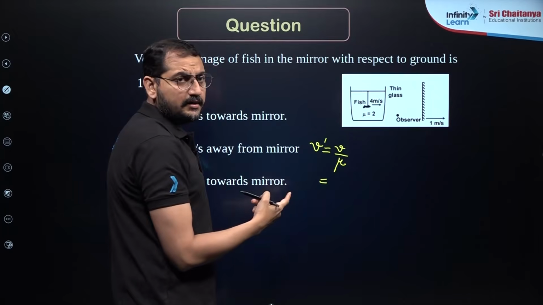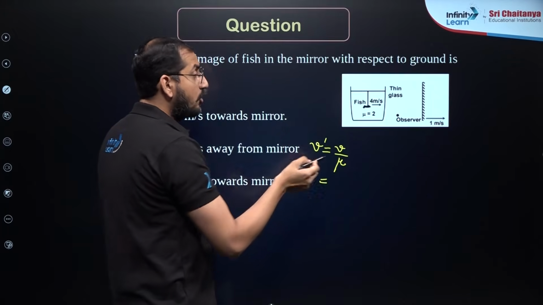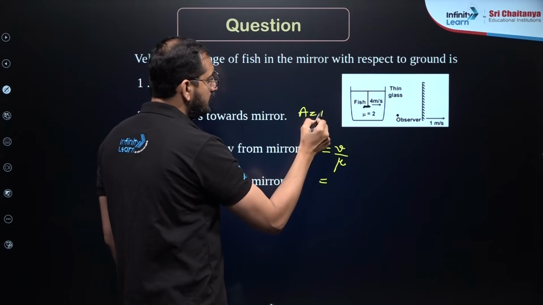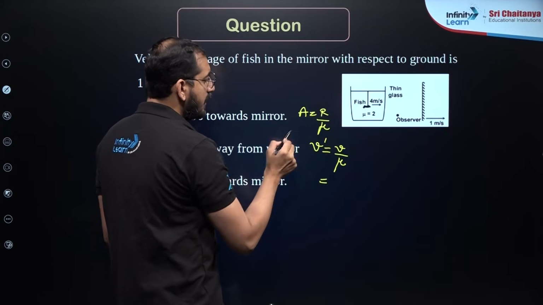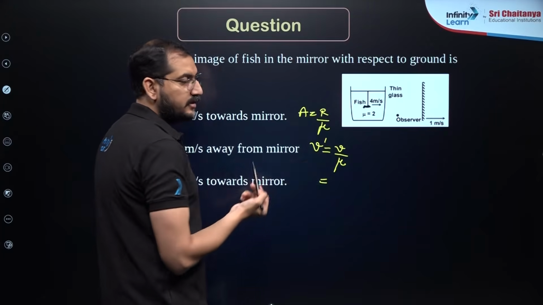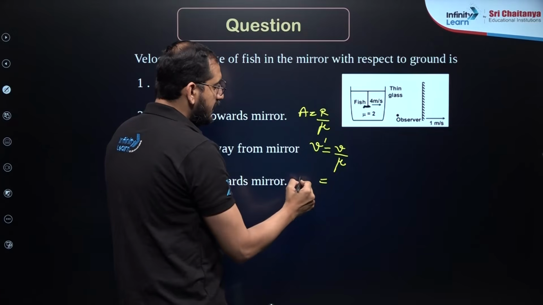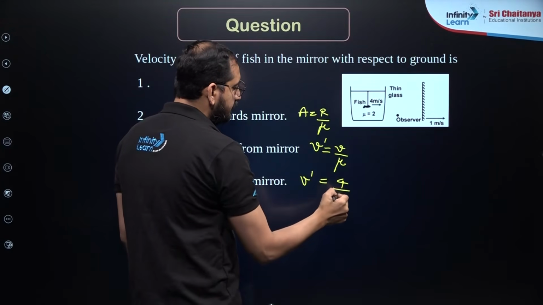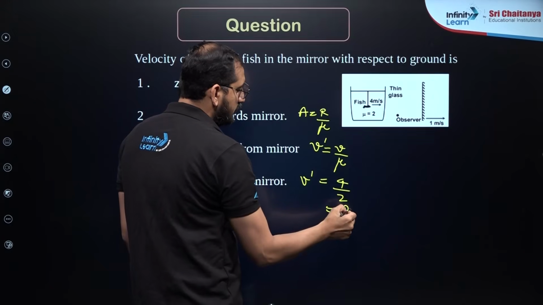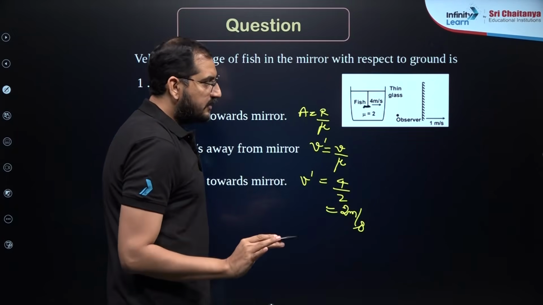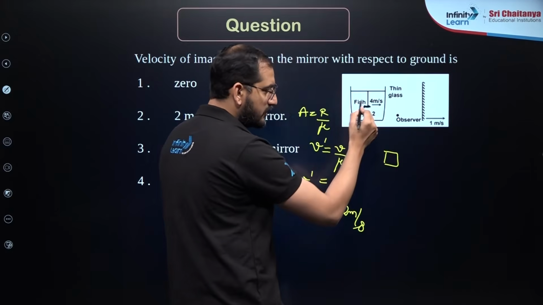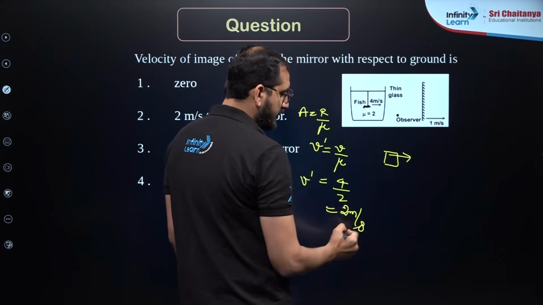Where is this coming from? This is coming from the concept of real and apparent depth. We know that apparent depth is equal to real depth divided by mu. So I have differentiated to get the velocity. V dash I want to calculate, and what is v? V is equal to 4, mu is 2, so the speed is 2. So what I have effectively done is, now I have an object over here, which is the fish, going this way with a speed of 2.